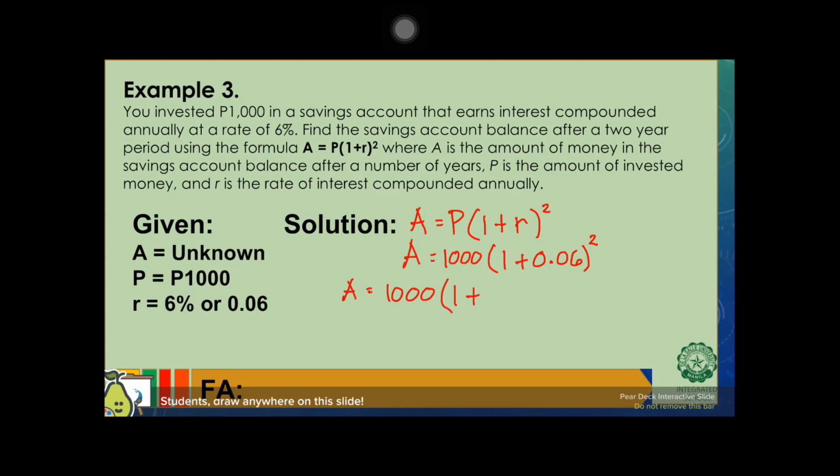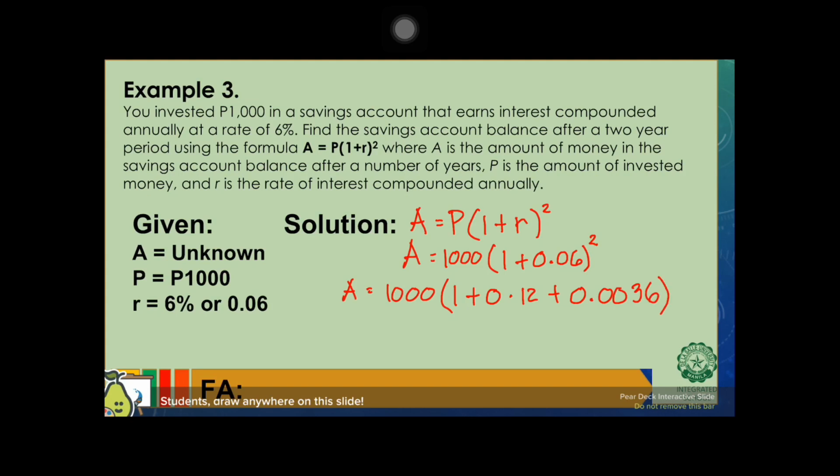After that, you multiply it by 2, so you end up having 0.12. Then square also the last term, which is the 0.06. So you need to square that, so you end up having 0.0036. And you don't stop there.